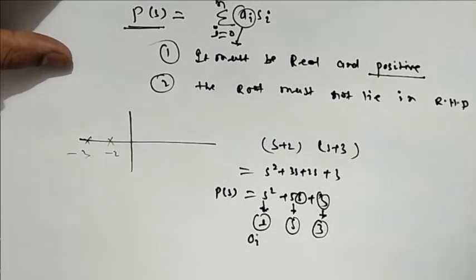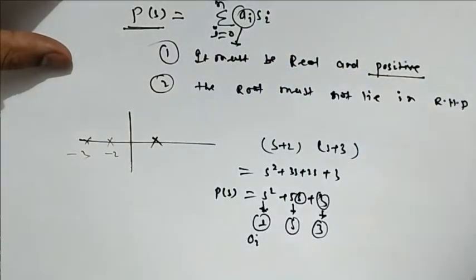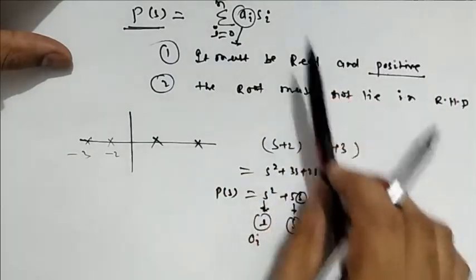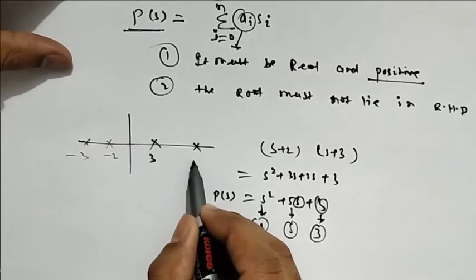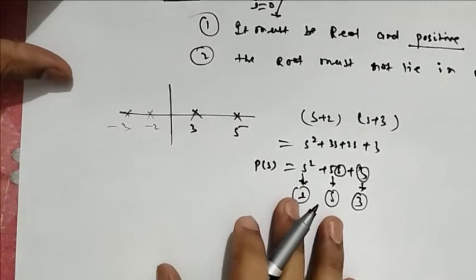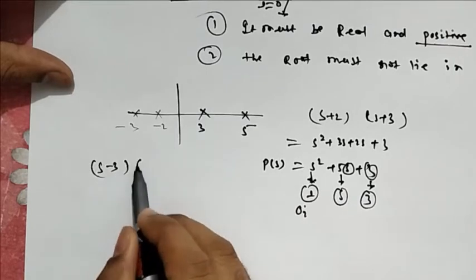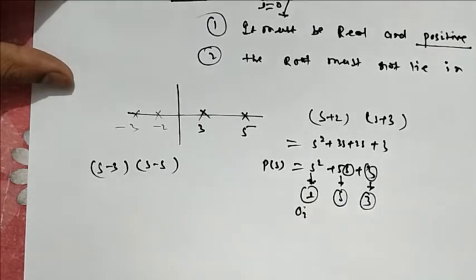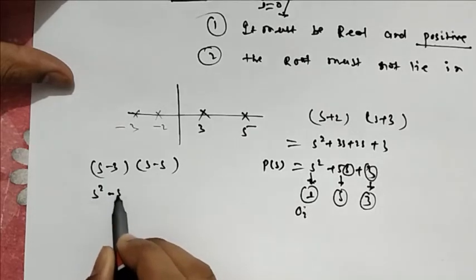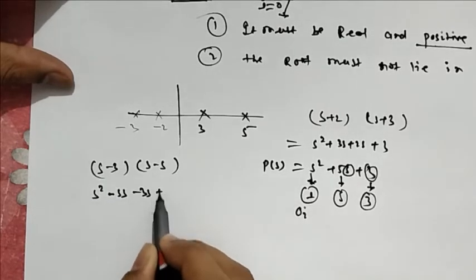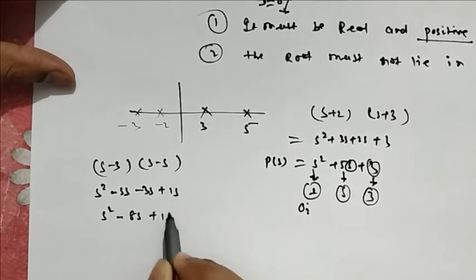Now suppose the roots are in the right half of the S plane, at +3 and +5. Then the equation will be (S minus 3)(S minus 5). If I multiply this, it becomes S square minus 5S minus 3S plus 15, that is S square minus 8S plus 15.